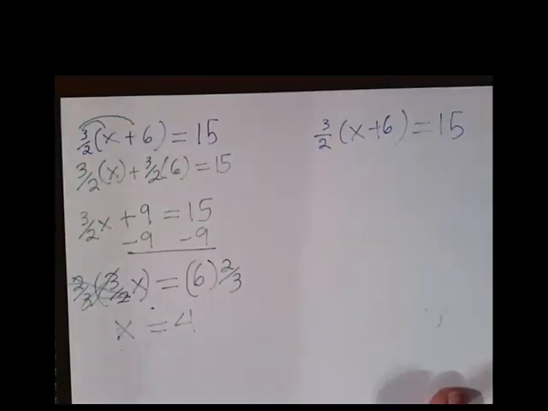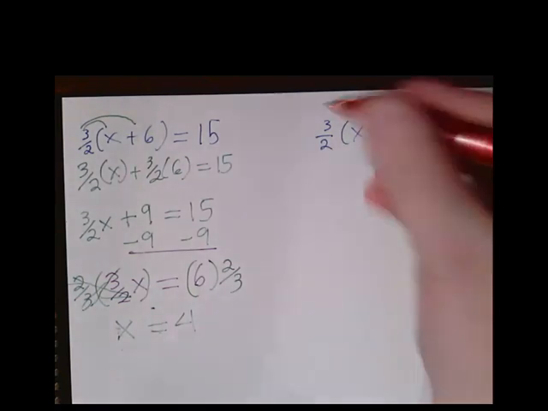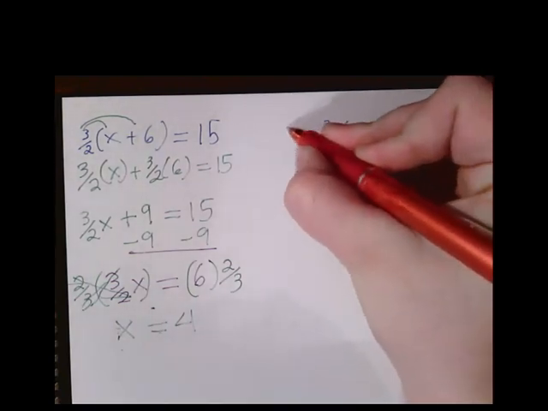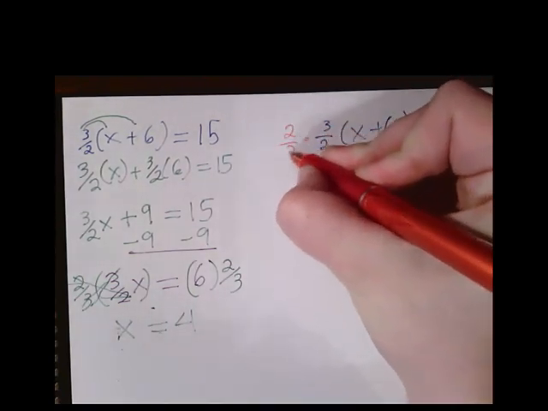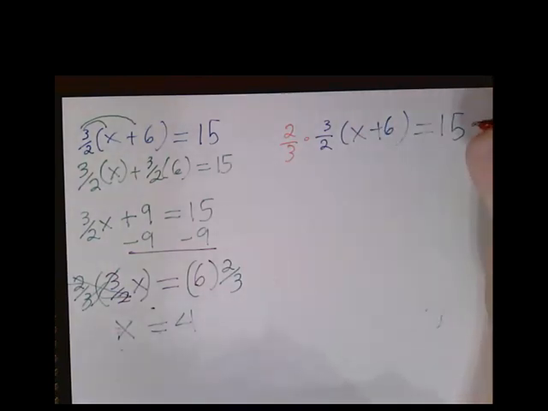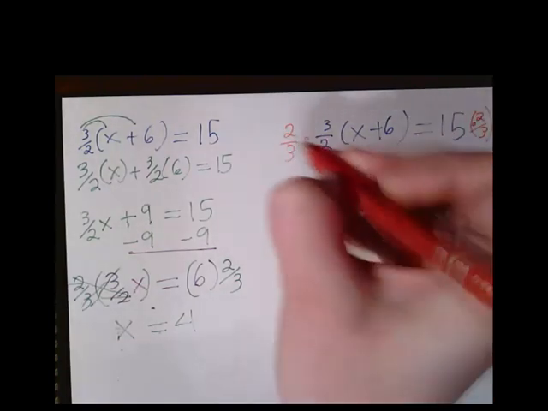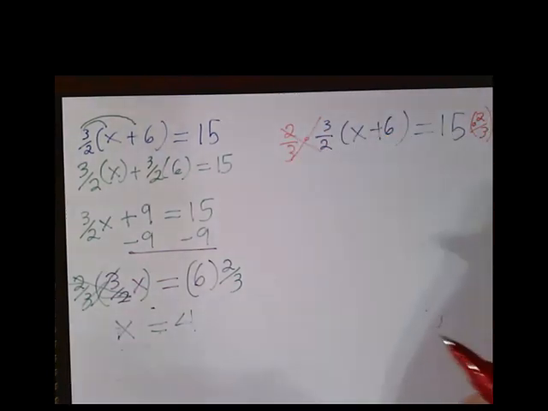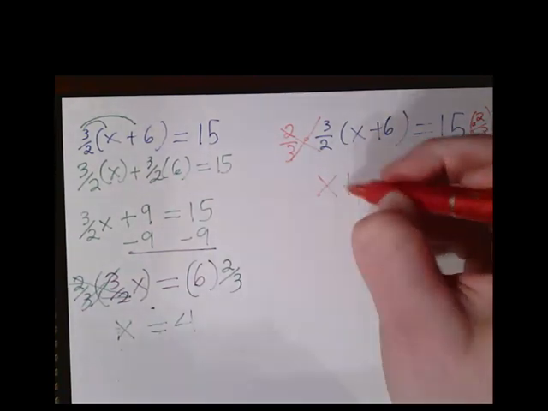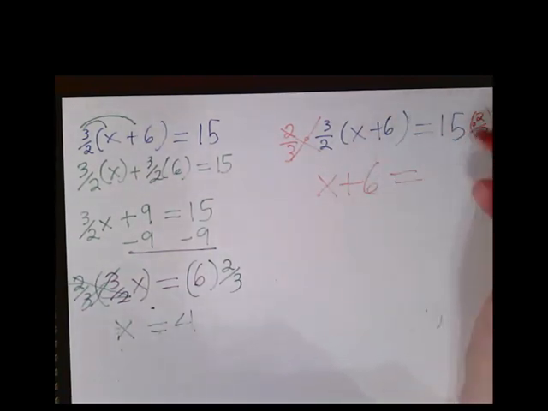So I could do a similar method to dividing over here. I can take and multiply by its reciprocal to both sides. Canceling out my fraction there, leaving me with x plus 6 equal to 15 times 2 is 30.